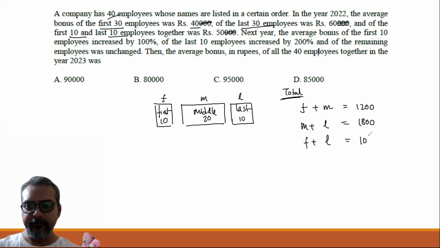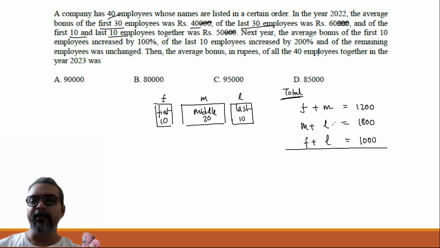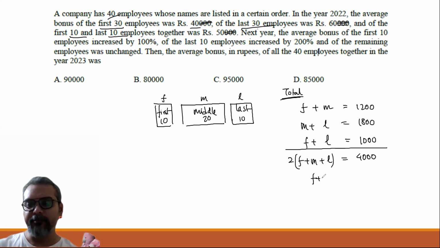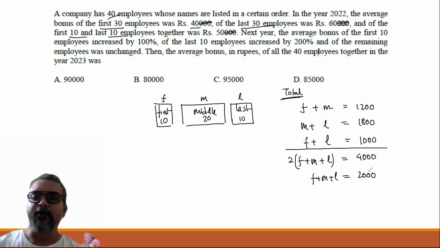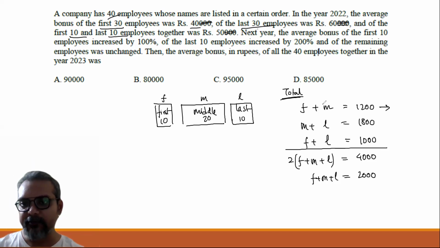So that is 1000. Now, if you add the three, you are going to get 2 times F plus 2 times M plus 2 times L. That's 4000, so that means F plus M plus L is 2000. From here, we can easily calculate, since F plus M is 1200 and the three is 2000, L will be 800.